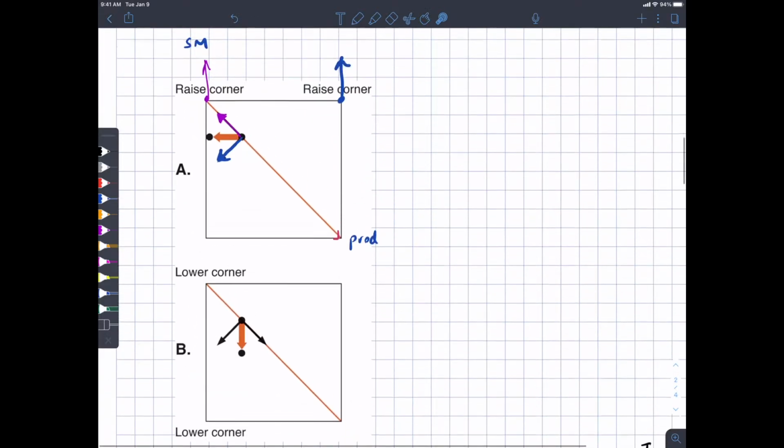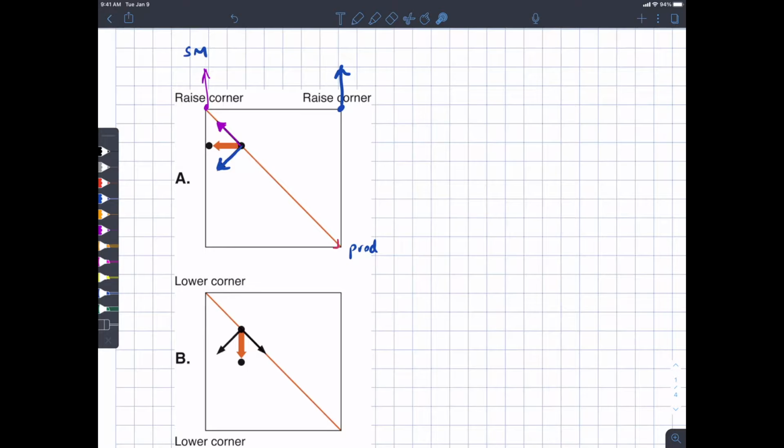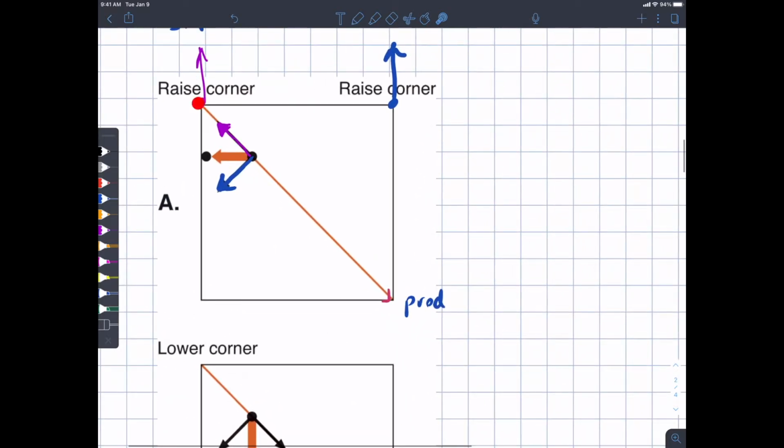Go ahead. I don't understand why raising the corner shifts the transition state perpendicular. I was hoping it would shift it towards itself. Right. Only along the diagonal does raising the corner shift the transition state towards the thing that's destabilized.